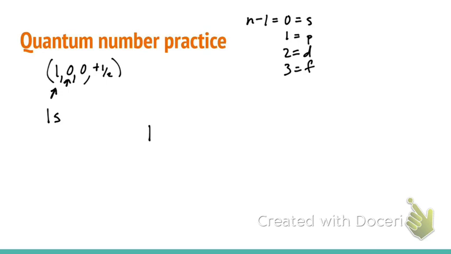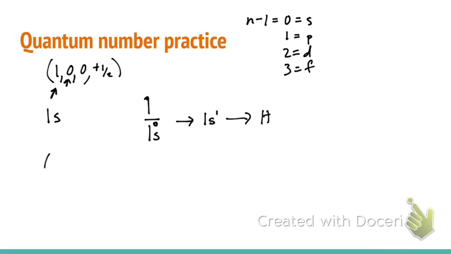In 1s, there's 1 orbital, which we're going to call the 0 orbital. And then there's only 1 electron because we only have the up spin. Ultimately, it translates to 1s1, which is hydrogen.